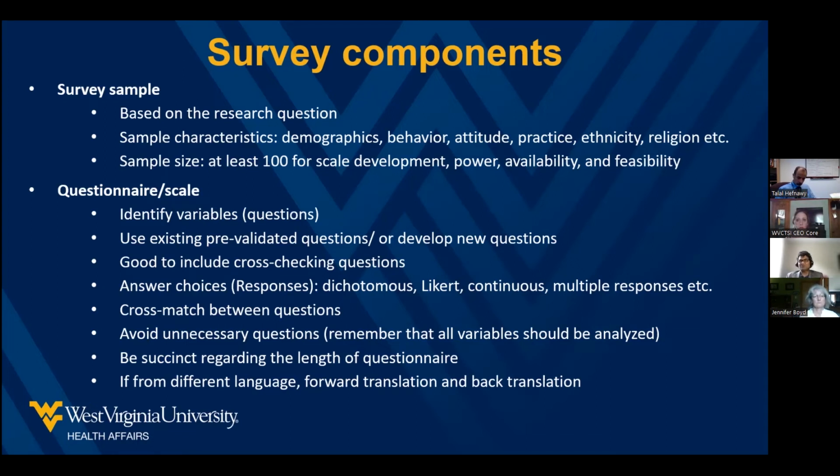Sometimes we use a scale that is developed in other countries or another language. If we want to include those, we have to translate it into English, then back-translate it to that language again, cross match those two, and then come up with the final one. It is another point that we can discuss later on if somebody wants to know more.